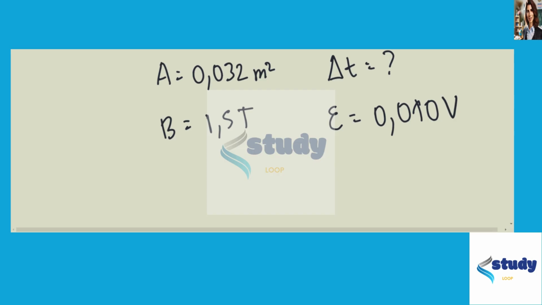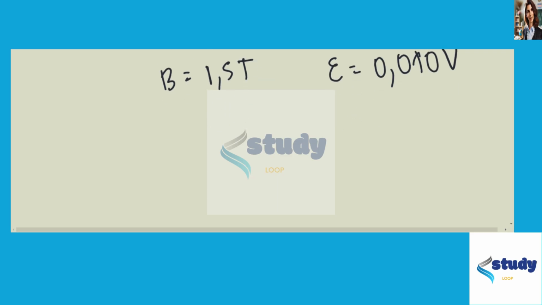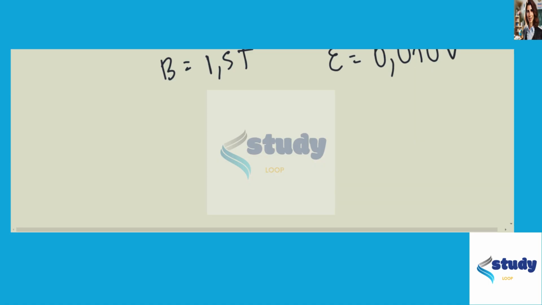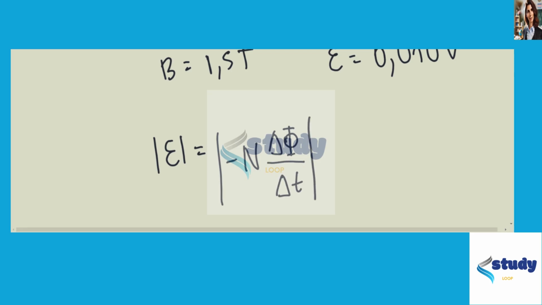Now we know that an emf is induced in the body, and in this case, because the magnetic flux is changing, of course, in time, according to Faraday's law, the magnitude of the emf is equal to the magnitude of minus the number of turns times the change in the magnetic flux over the interval of time.